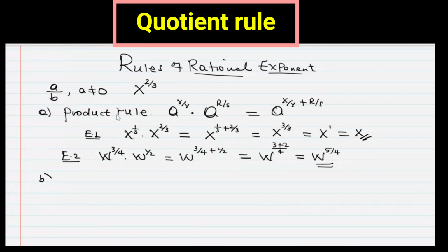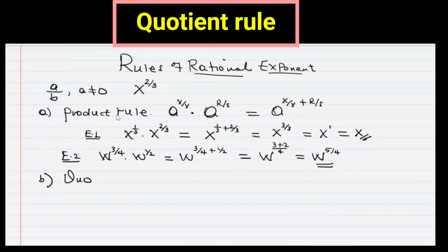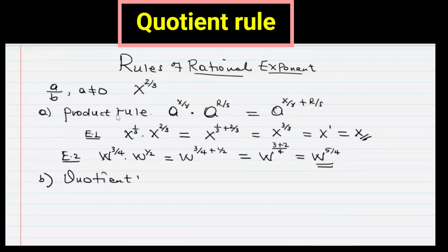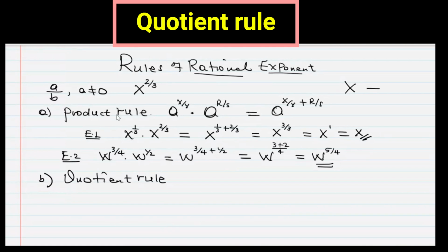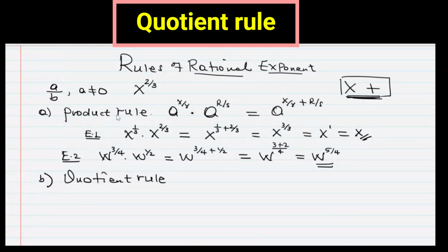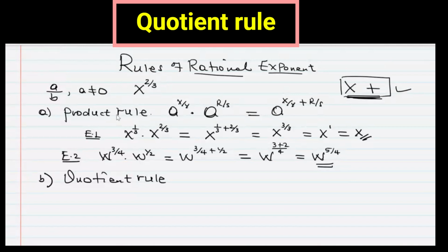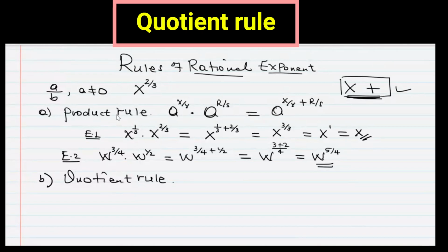The second rule is the quotient rule, or the division rule. Remember, if you have to multiply the bases, you add the exponents. Don't forget that. The quotient rule is a little bit different. Quotient means divide.